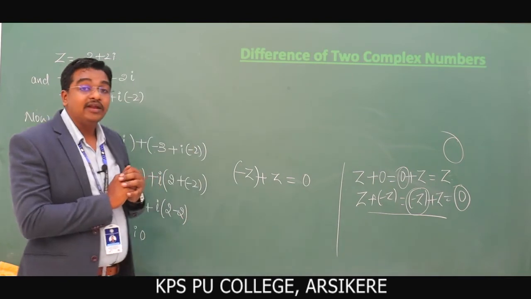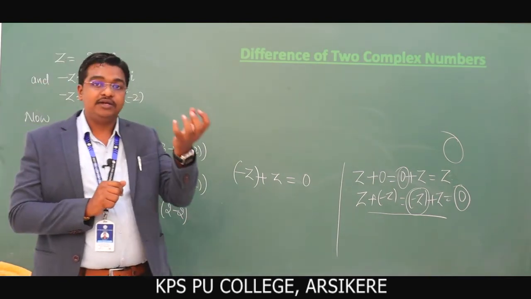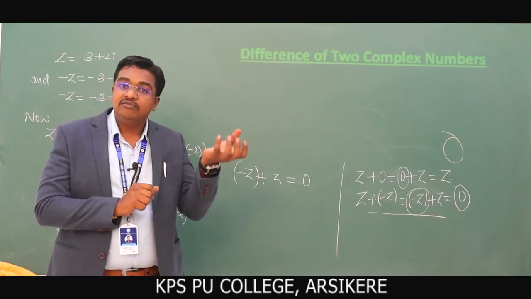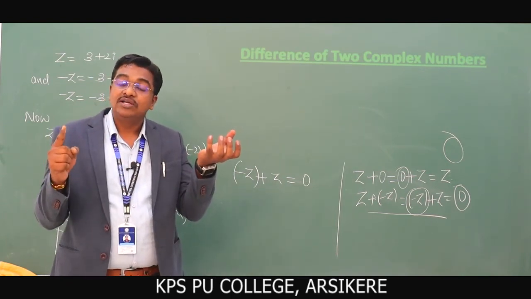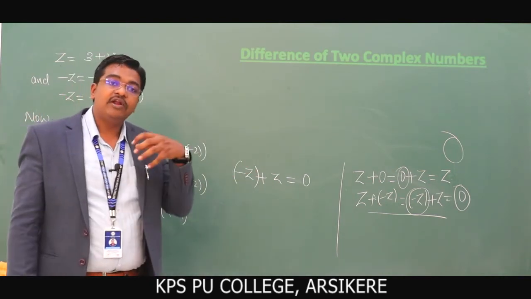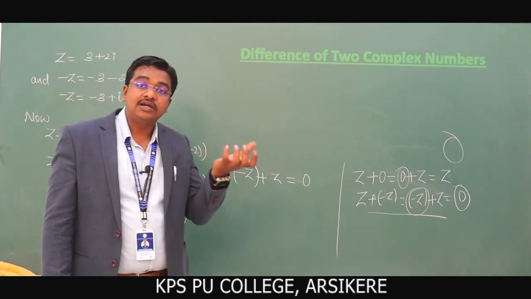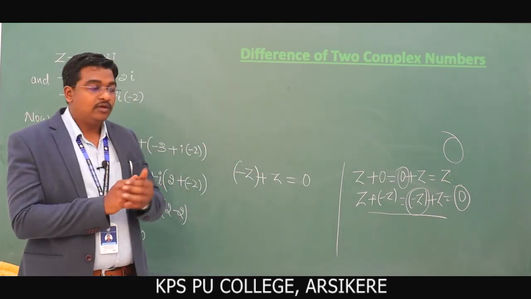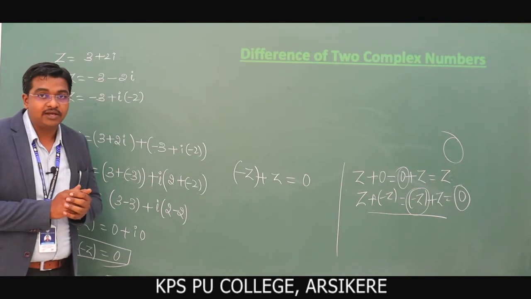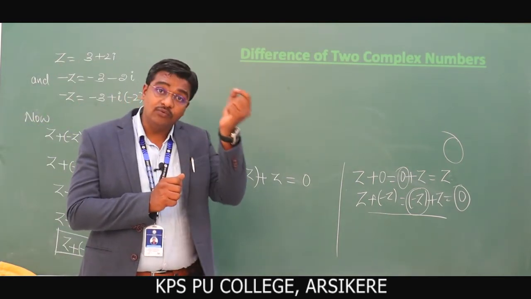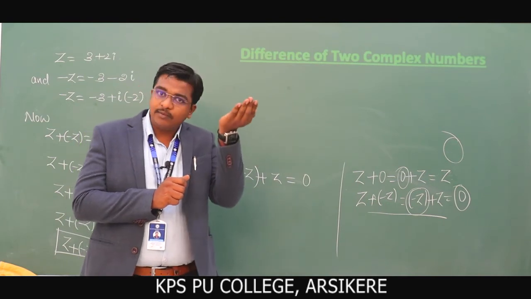And the fourth one, existence of additive identity, or identity law: z1 + 0 = 0 + z1 = z1. If you take z particularly, z + 0 = 0 + z = z. The fifth property is the existence of additive inverse. Now we have a complex number z.